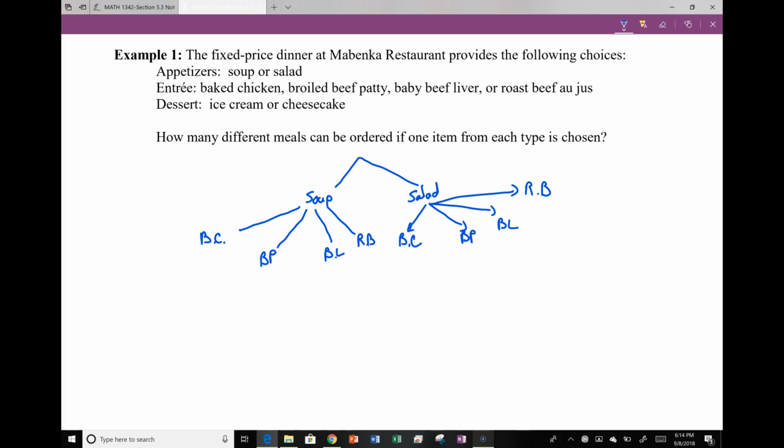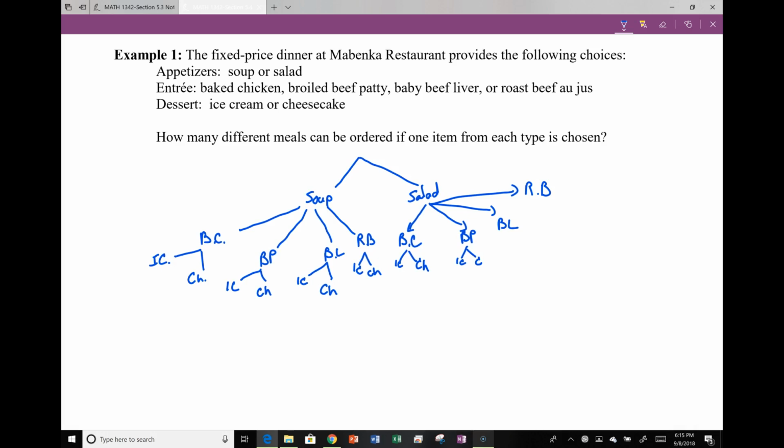Off of each one of these, we can either have ice cream or cheesecake.